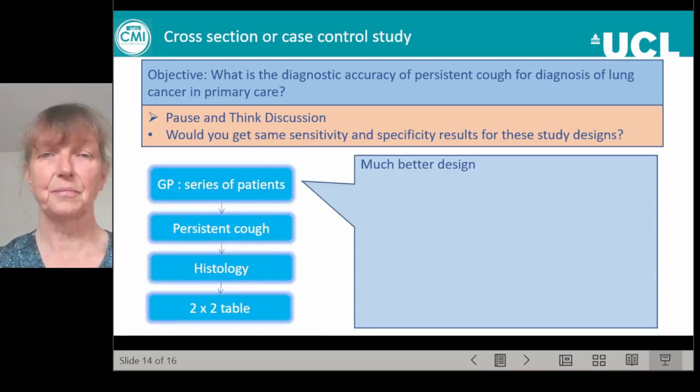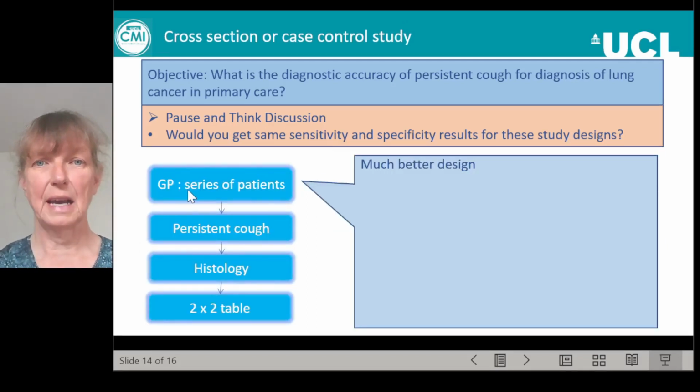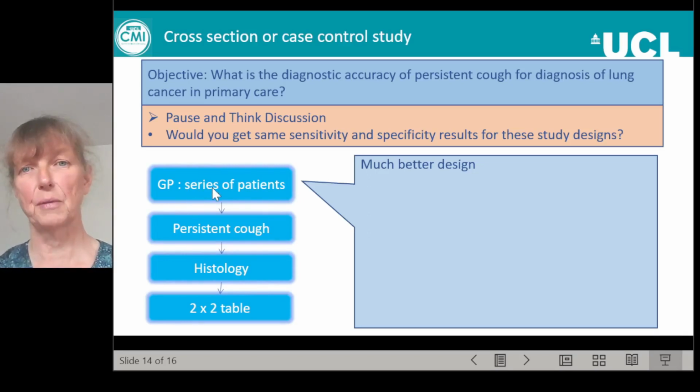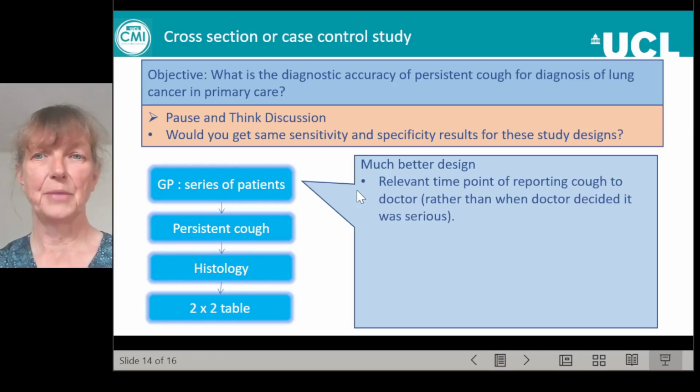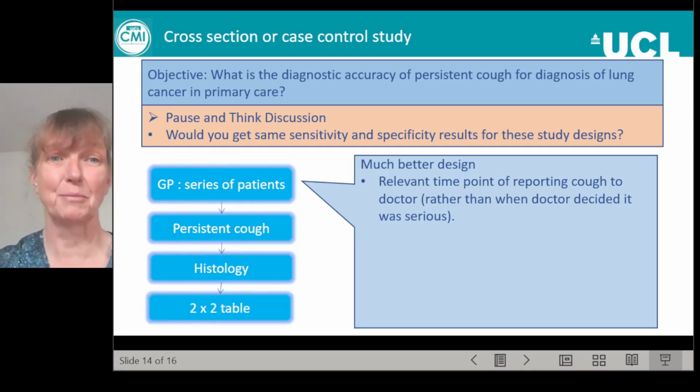Okay, when we're looking at the other study design, where we're recruiting patients from the GP, from primary care, we've got a much better design. We're able to measure the persistent cough at the correct time, when we wanted to know about it in primary care.